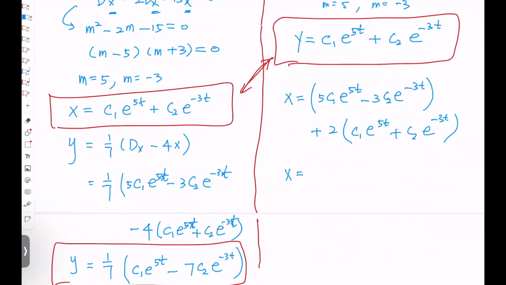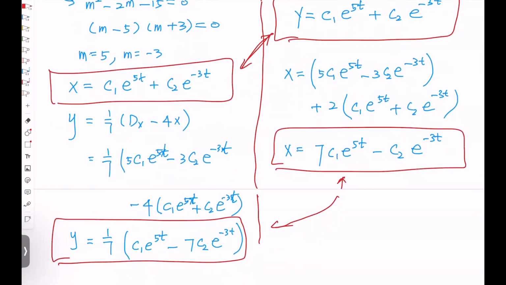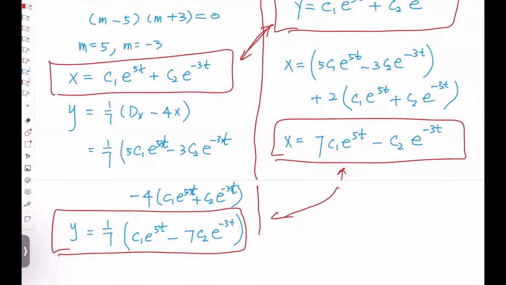Then x equals c1 terms 7c1 e to the 5t and c2 terms negative 3 plus 2, so minus c2 e to the negative 3t. So it depends on which side you start working on. We end up getting a bit different answers, and they are both correct.